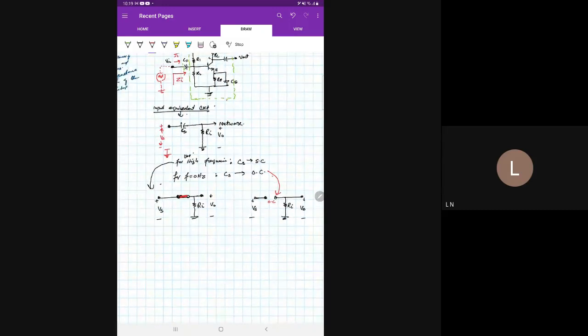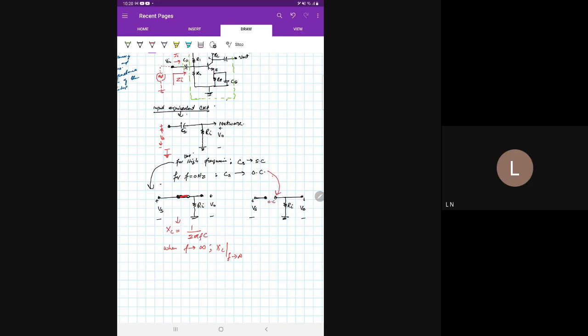For high frequencies, what will X of C be? X of C is 1 by 2 pi Fc. When F is infinity, what will X of C be?